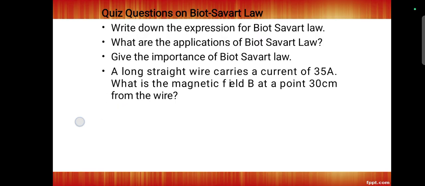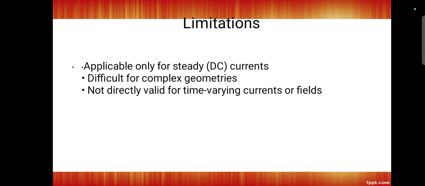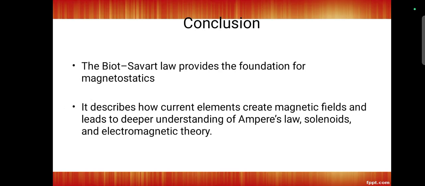So you can write what is Biot-Savart law, what are the applications of Biot-Savart law, and what is the importance of this law. The limitations are that it is applicable only for steady state currents, difficult for complex geometries, and not directly valid for time varying currents or fields. This law provides the foundation for magnetostatics.